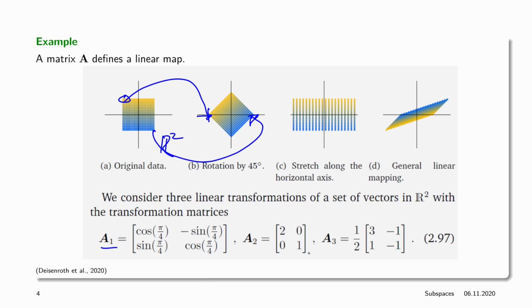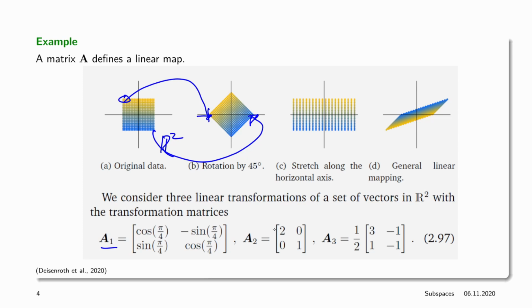Similarly, it takes this point here and maps it over here, and so on and so forth. A different example of such a matrix is A2. So A2 is again a 2 by 2 matrix, so it again goes to R squared, and it only has non-zero entries on the diagonal, which means that it stretches the dimensions but does not do any rotation or anything like that.